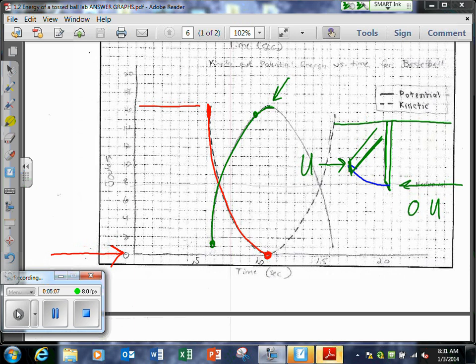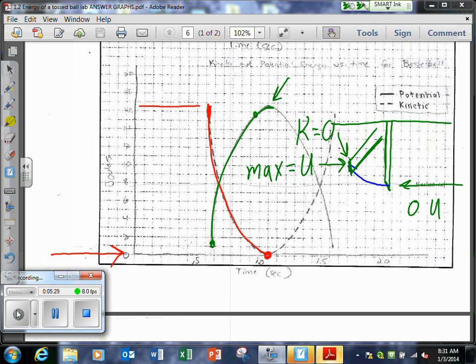Now, right as it gets to that height and turns around, what's the velocity going to be? 0. So at this point, the kinetic energy is 0 because there's no movement for that instant. Potential energy is the max it can be.